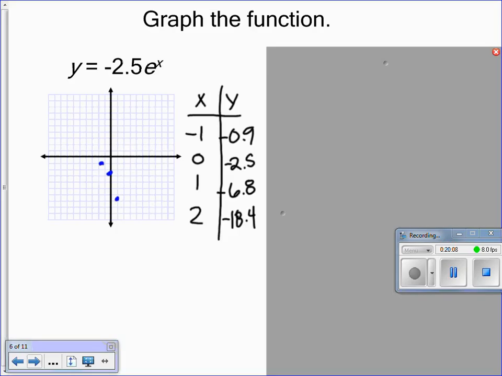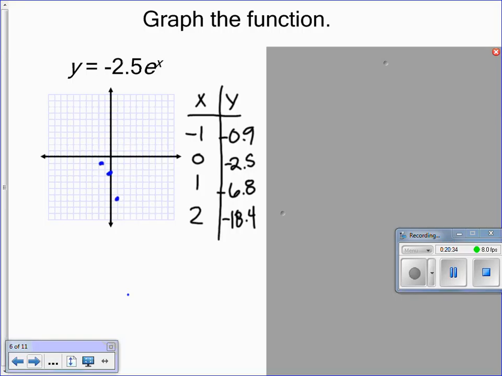If you just want to mark a point way below your graph, so I know this is where my graph is headed, you can do that, or you can just leave it off completely if it's way too big or too small. Since we're doing exponential functions, that's very likely to happen on a lot of functions. So you can kind of ignore it if you want. But I'll just mark to negative 18, way down there. Just a little point, so I can keep track of it.